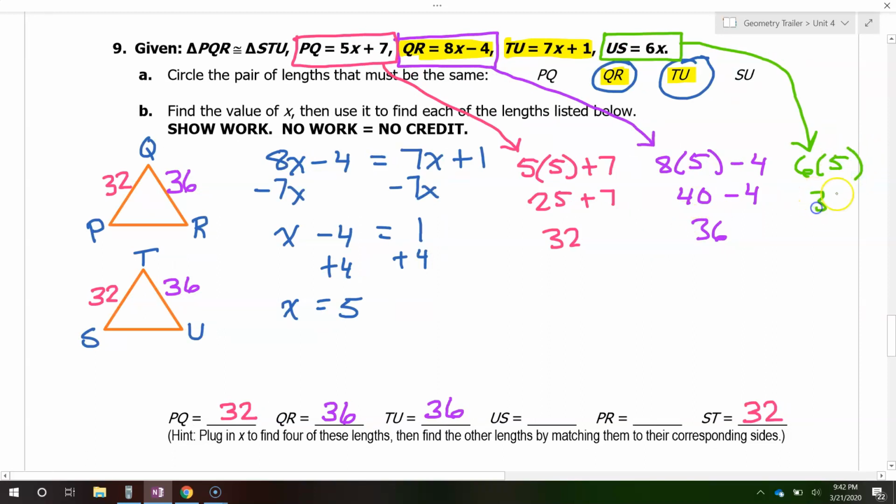And obviously that is 30. So US is 30. And that corresponds with PR, which will also be 30. All right, we got them all.